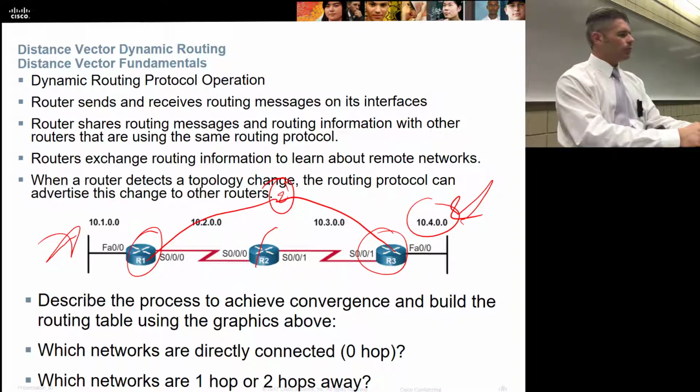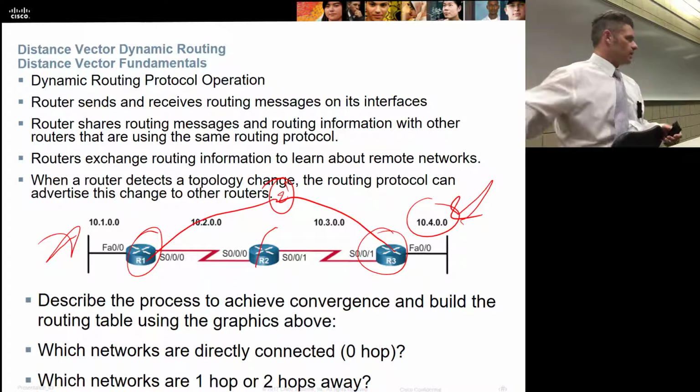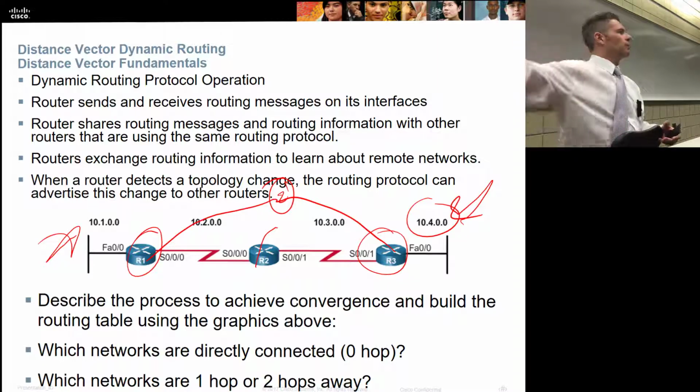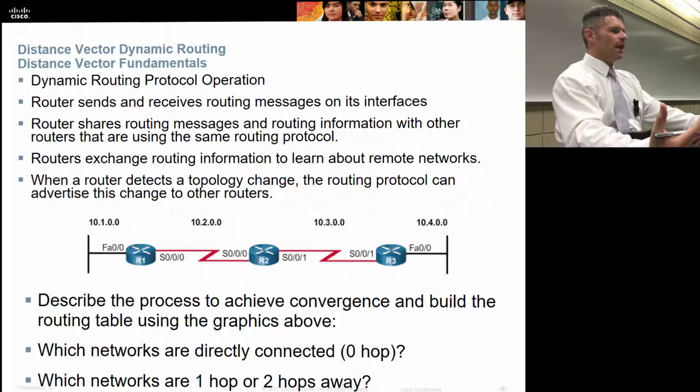And the way that works is we start with the routers directly connected to us, what networks are here, and then what's the network that's 1 hop away from me? All right, what networks do you know about 1 hop away from you? And the way you judge a routing protocol is based on how fast that process happens and how well it happens.